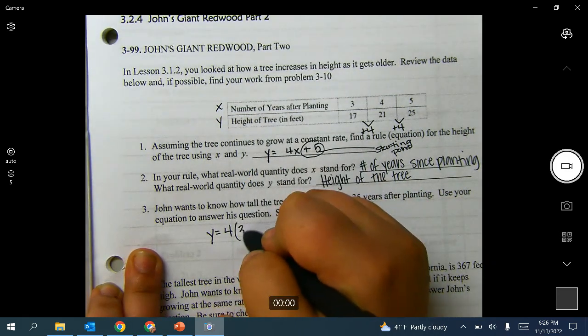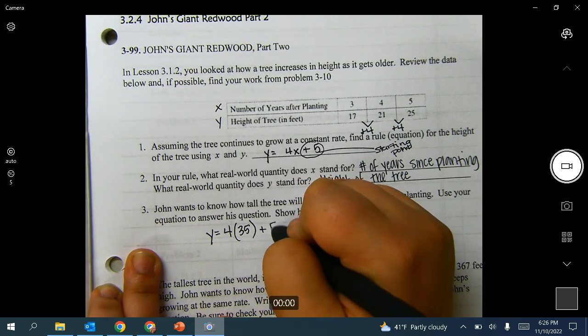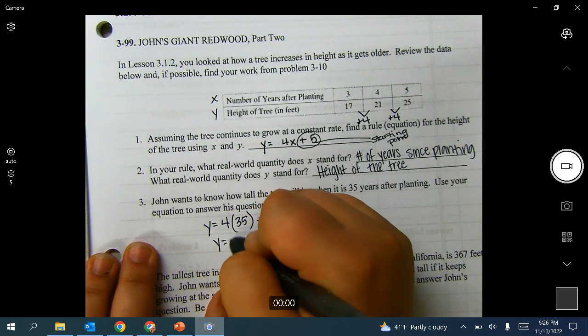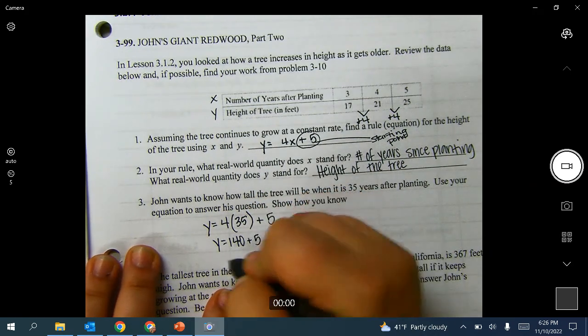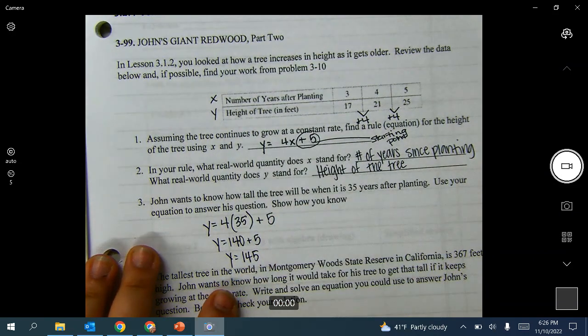So 4 feet times 35 years plus that 5 feet that it was when it was first planted. So 4 times 35 is 140. Okay, 140 plus 5 gives me a total height of 145.